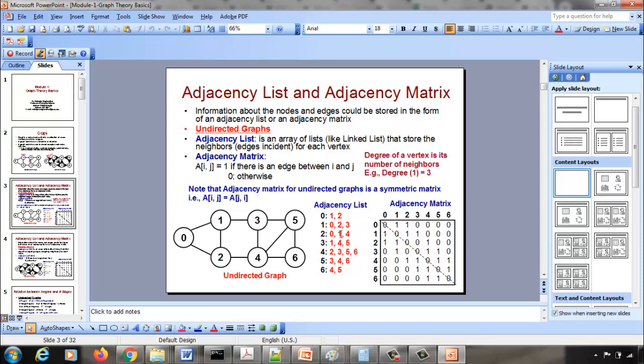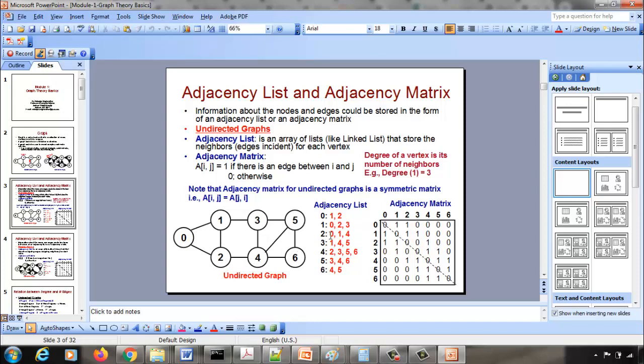For each node you have an index in this array, and what you store are the neighbors of the node. So neighbors means if we have an edge to a node, that node is called a neighbor. So for 0, 1 and 2 are neighbors. For 1, 0, 2 and 3 are neighbors. For 2, 0, 1 and 4 are neighbors.